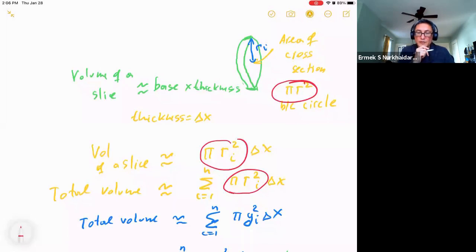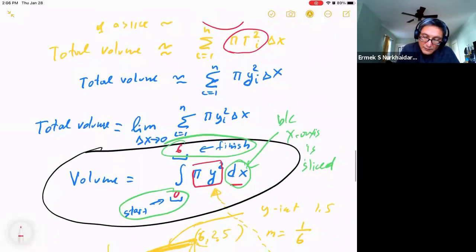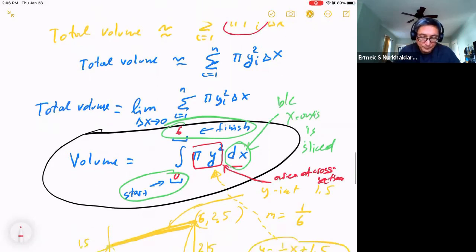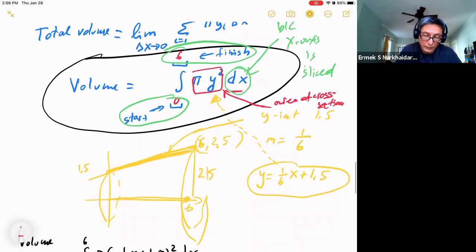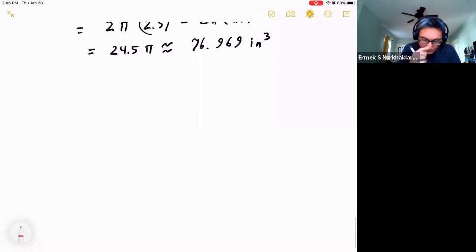You see, that's the area of the cross section, and that is the area of the cross section. It just happens that in our case the area of the cross section is circular, so the area of the cross section will be pi r squared. So let me summarize.